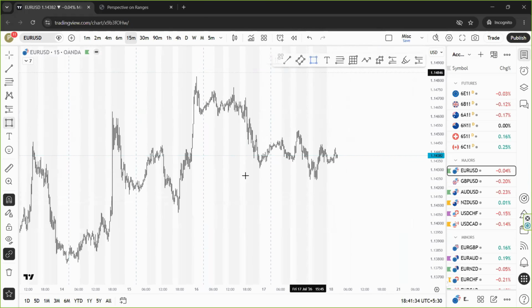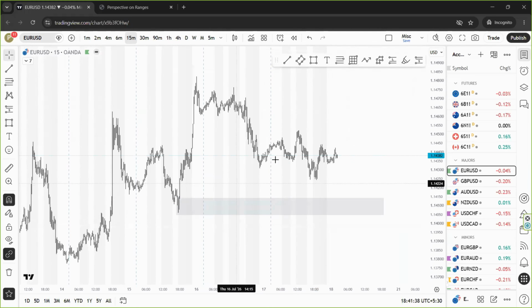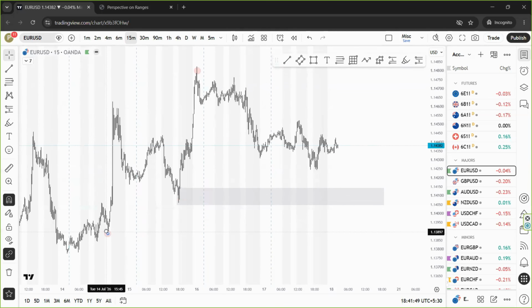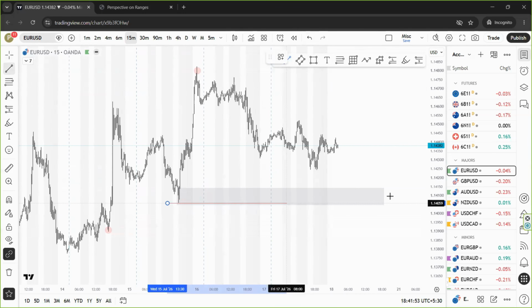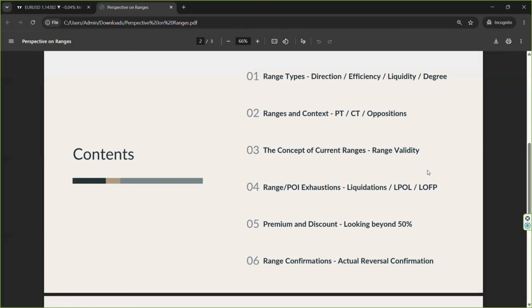But let's say you consider this range right here. You have to understand, is this currently a valid range? Or is this the valid range? And is this going to be liquidity? That's the question you should answer.